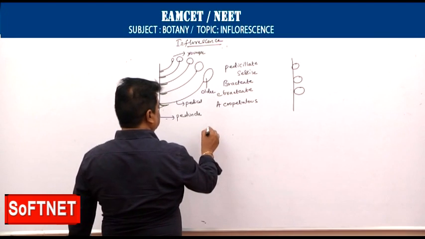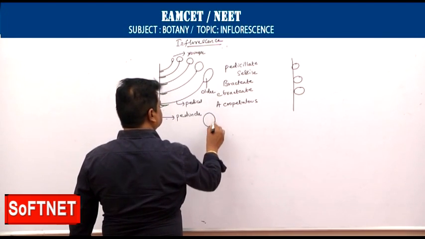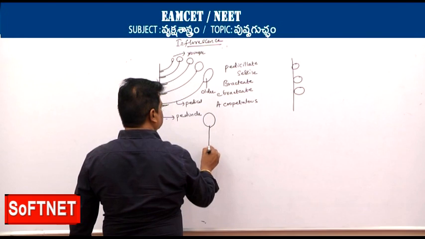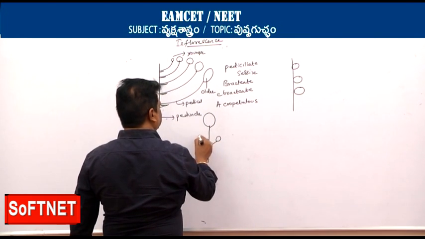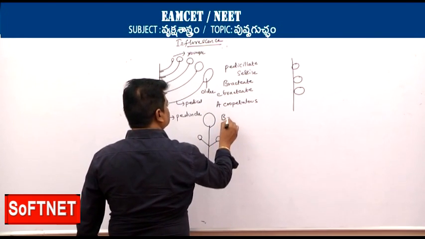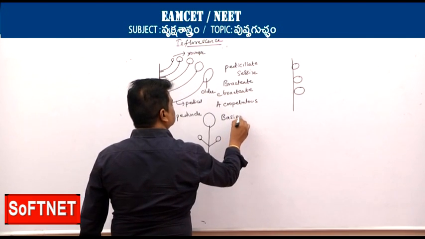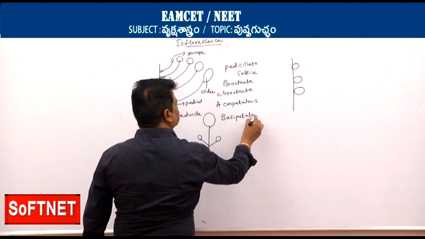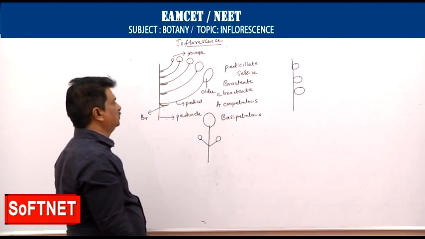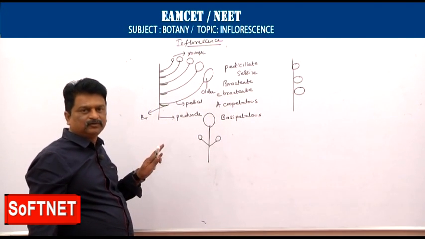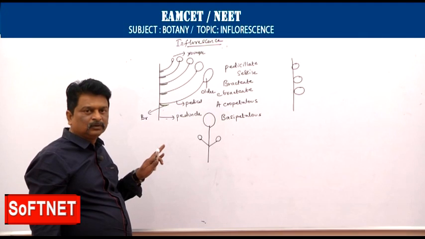Opposite, if older flowers are present at the apex and younger flowers are present at the base, it is called basipetallous.